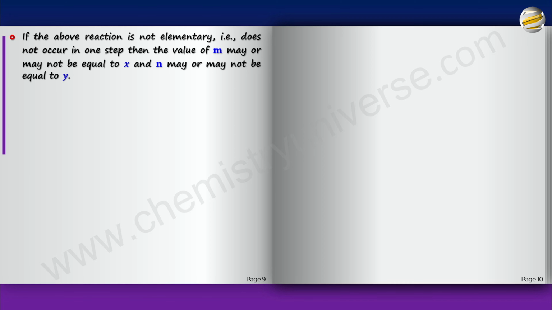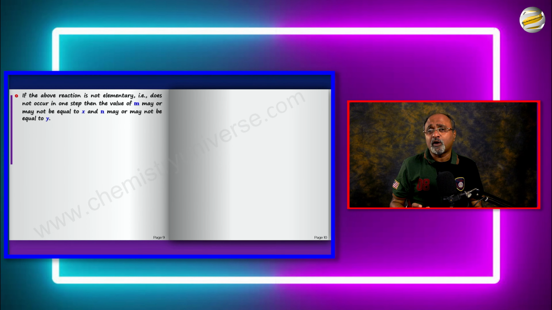Again, this is pretty important for you to understand. Why is this so? Well, when the reaction is elementary, A plus B giving something, then obviously A and B are colliding. And the coefficient of A is, let's say, 1 and the coefficient of B, let's say, is 2, or perhaps even that is 1.